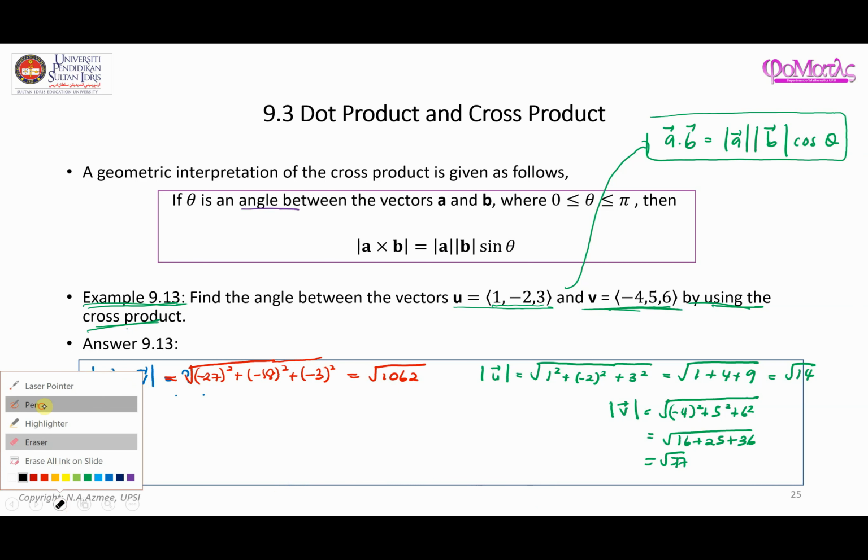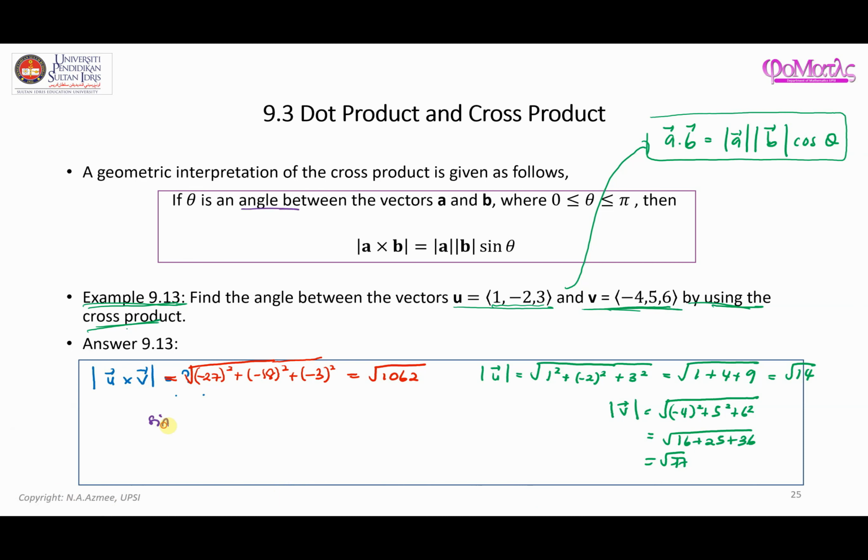So therefore sine theta is equal to the absolute value, the magnitude of vector u cross v over magnitude of u times the magnitude of v, and this is equal to the square root of 1062 over square root of 14, times square root of 77.